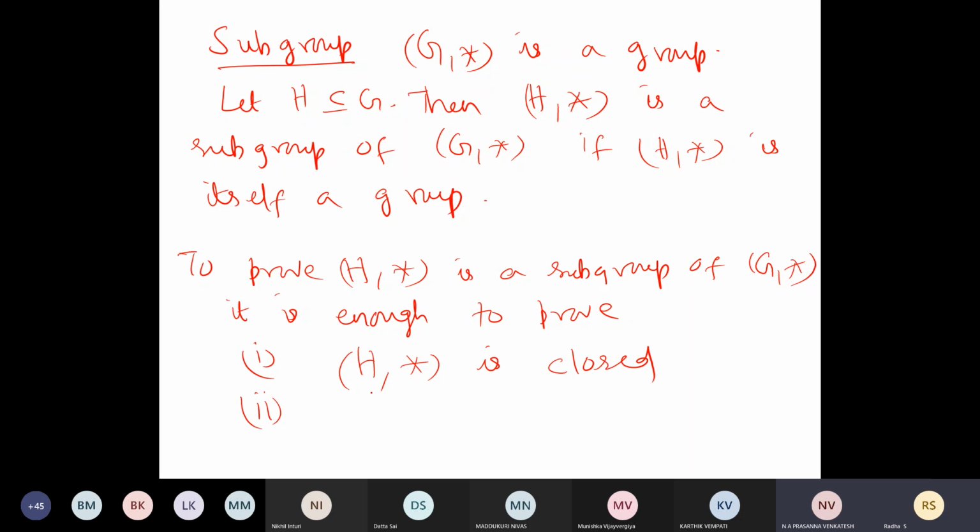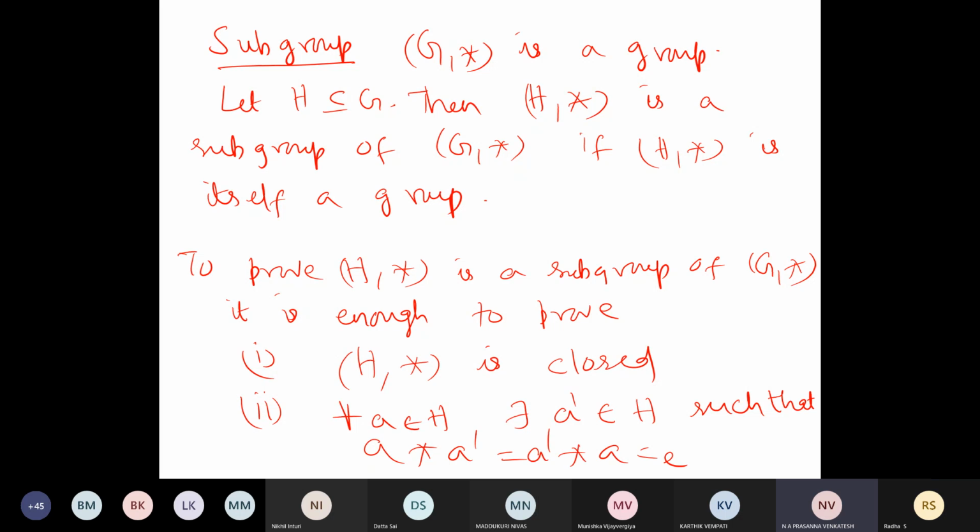Number 2, for all a in H, there exists a' in H such that a * a' = a' * a = e, where e is the identity element.